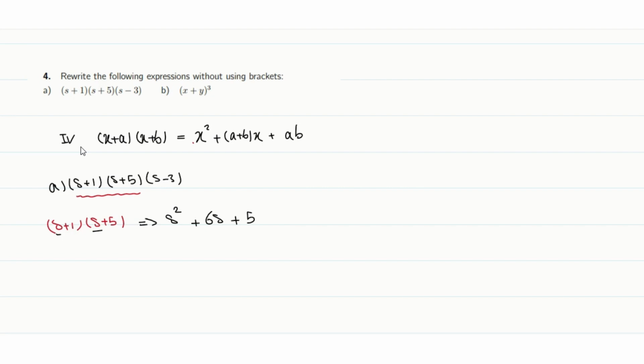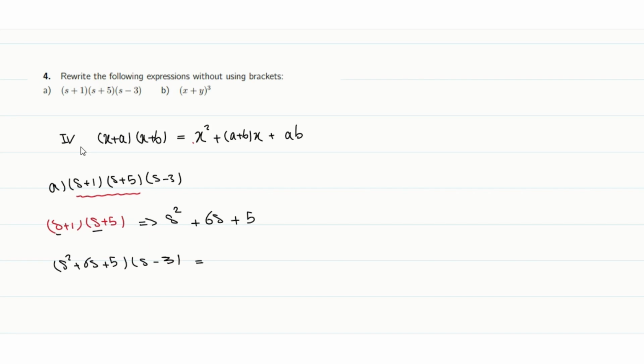Now, after we got the multiplication of these two brackets, we're going to multiply this expression by the last bracket. So our final answer should be s squared plus 6s plus 5 multiplied by s minus 3.